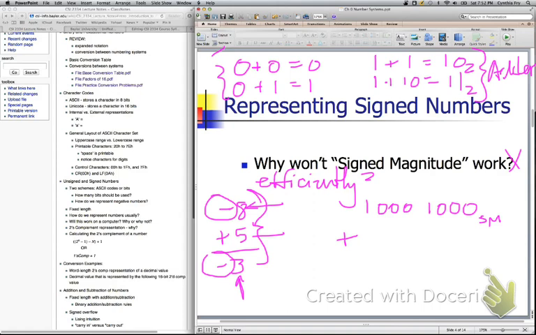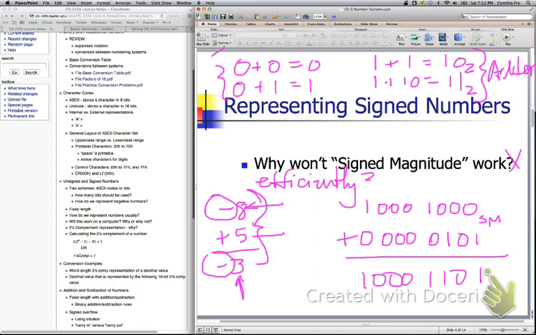I'm adding to it 5. Well, that's positive, so the sign bit's going to be a 0. We add these up, and I get 1, 0, 1, 1, 0, 0, 0, 1, which in signed magnitude equals negative, that's D for my magnitude, which is 13.